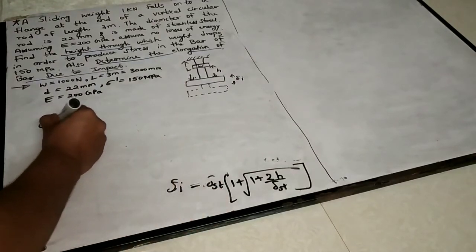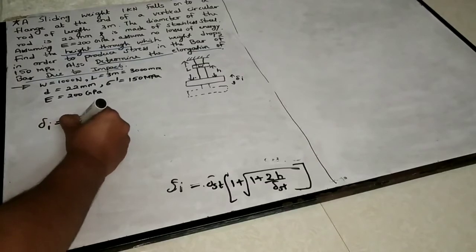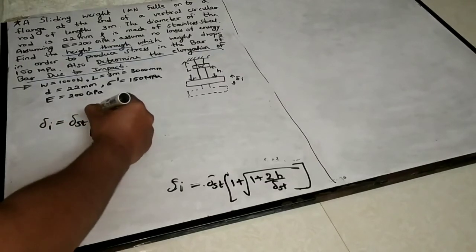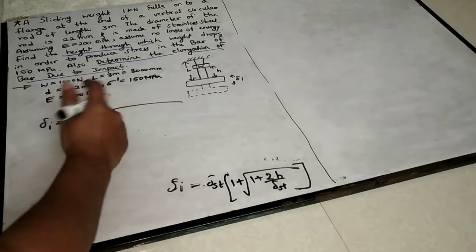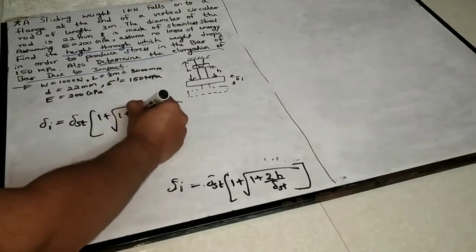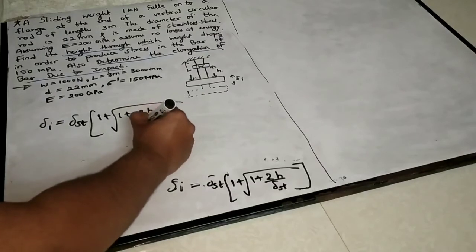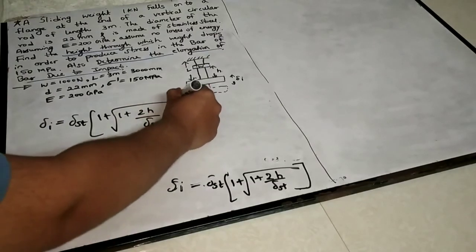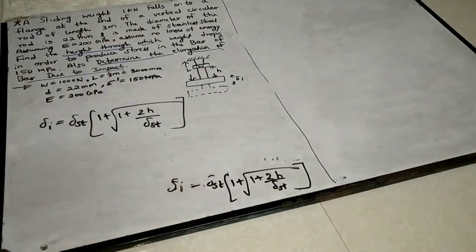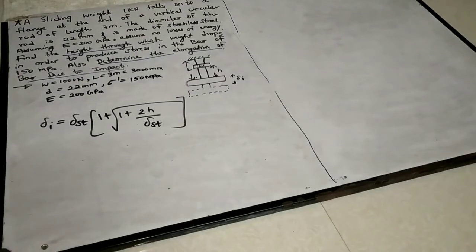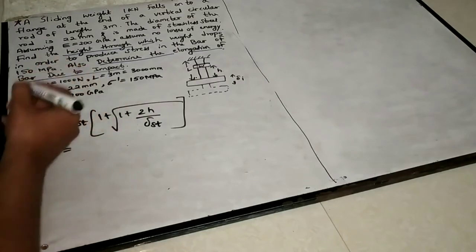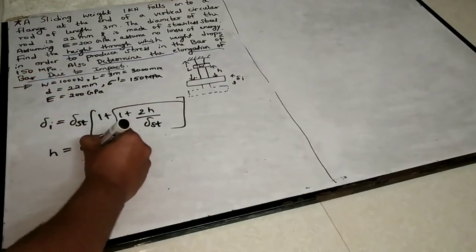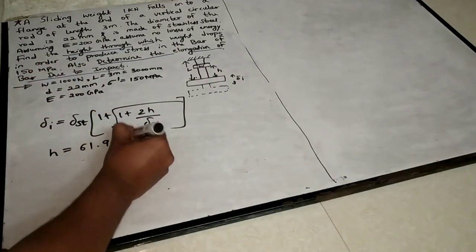Instantaneous deflection is equal to instantaneous stress into the bracket, square root of 1 plus 2h by static deflection. Okay. Now here h is already known to us, we have already calculated. It is 61.9 mm, right?